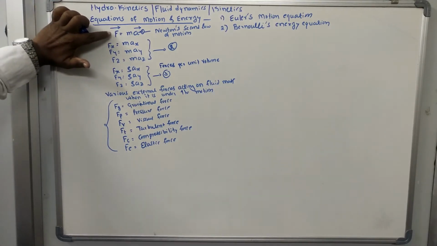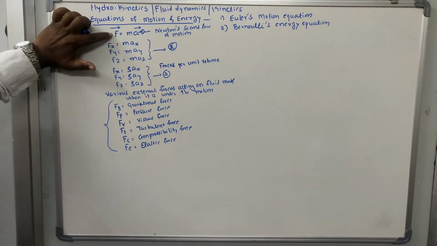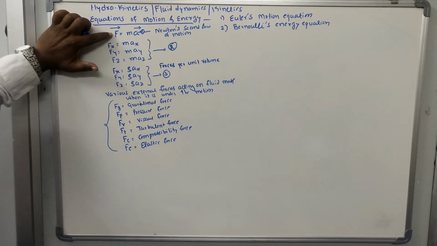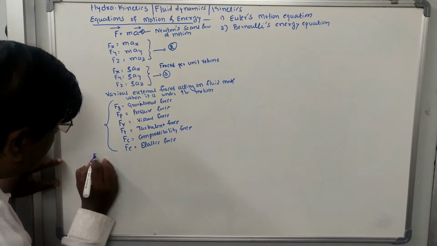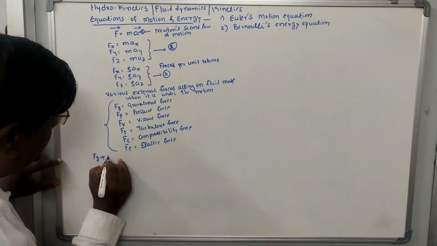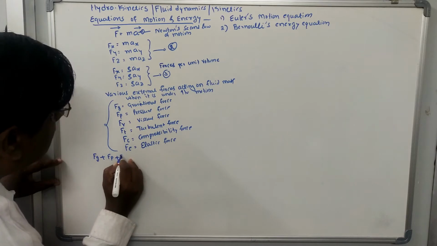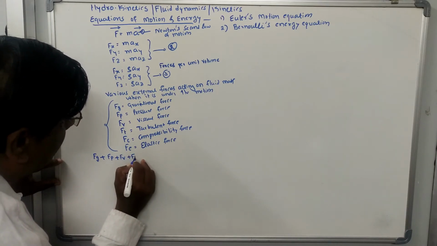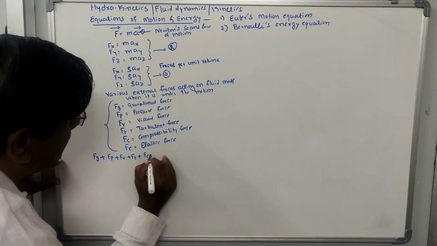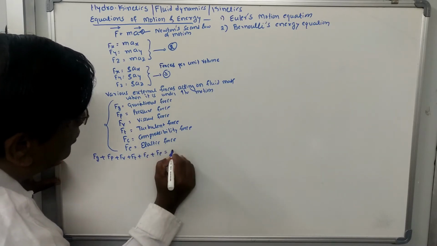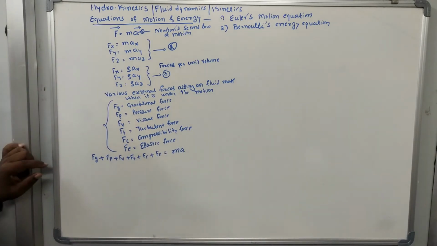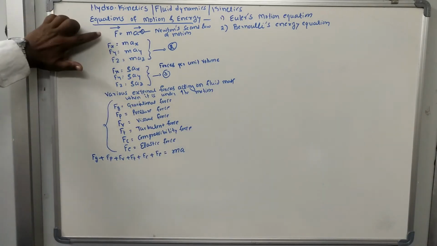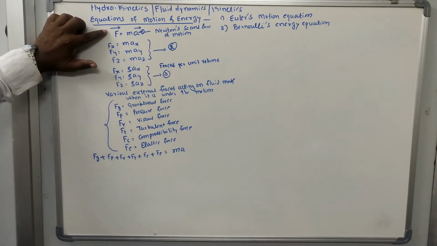So F, the sum of the external forces acting on the fluid when it is under motion, is Fg plus Fp plus Fv plus Ft plus Fc plus Fe, equal to mass into acceleration. As per equation 1, F is the sum of the external forces.